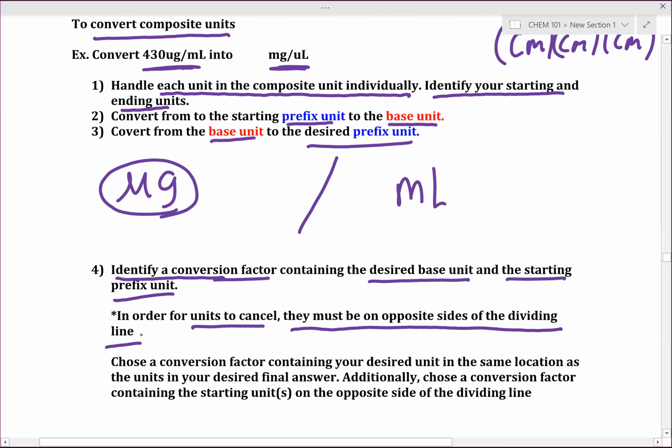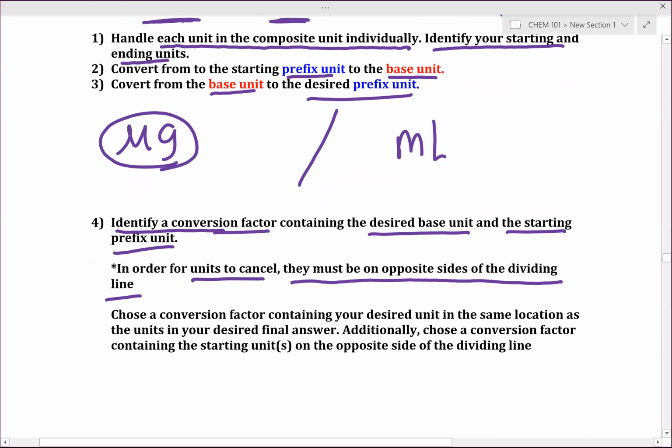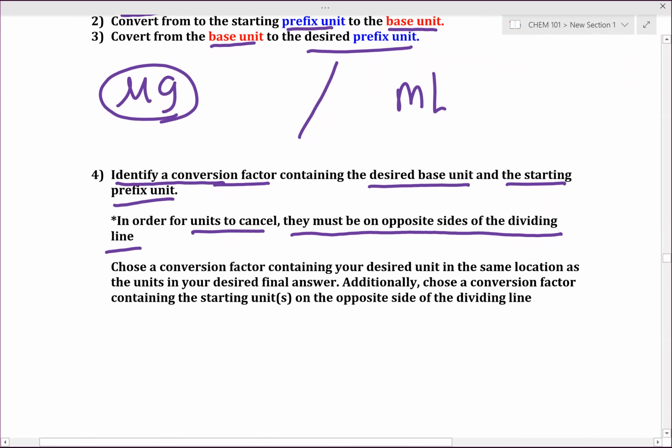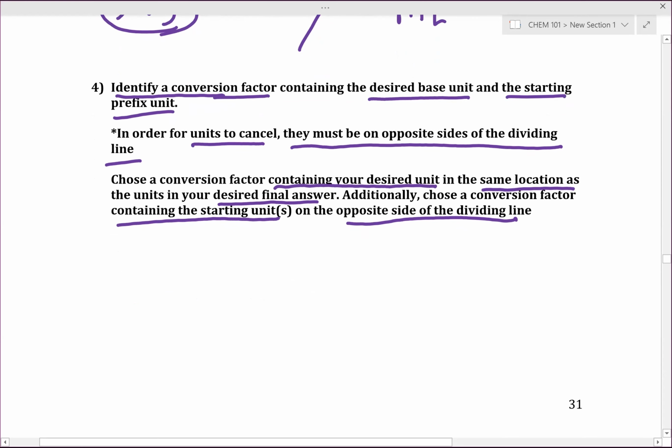So we're going to make a conversion factor containing our desired unit in the same location as in the final answer, and we're going to choose a conversion factor containing our starting units on the opposite side of the dividing line. A lot of words, let's show how this works in practice.